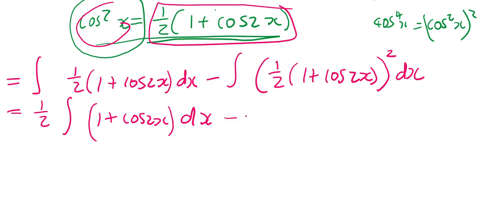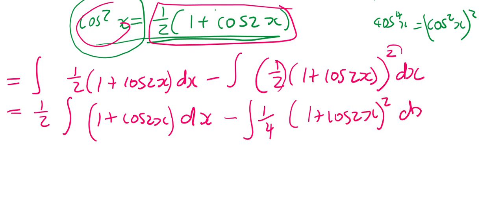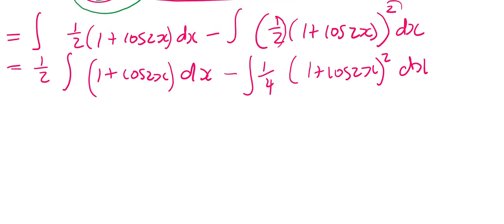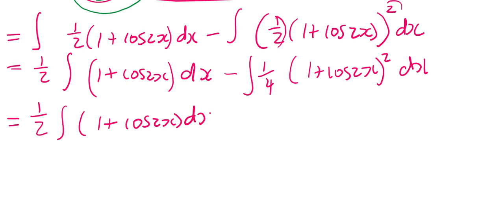Minus, now let's be careful. Look at this term. It squares everything inside, meaning it squares this, and this becomes 1 over 4, and also squares 1 plus cos 2x squared dx. Now let's simplify. This is equals to 1 over 2, the integral of 1 plus cos of 2x dx.